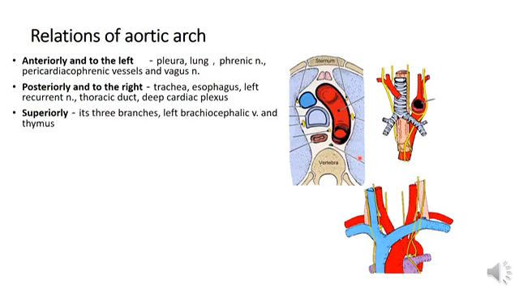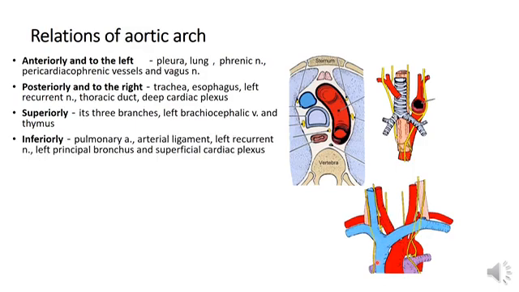Superiorly, we have the three branches of the aorta, the left brachiocephalic vein, and the thymus. Inferiorly, we have the pulmonary arteries, the left principal bronchus, and the superficial cardiac plexus.